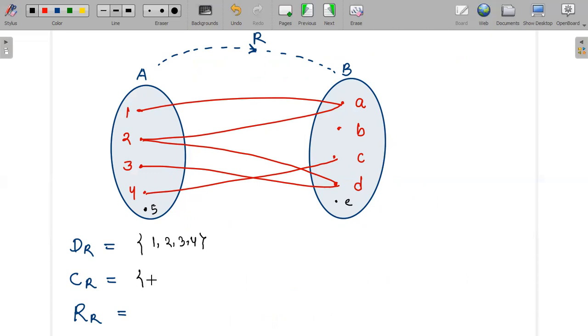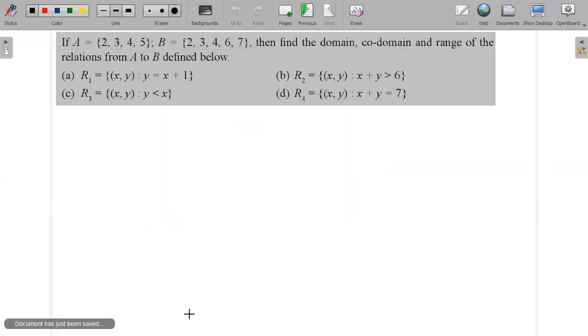You don't have to follow any definition. Just write down each and every element from set B: A, B, C, D, E. About your range, the elements which are participating in the relation will get a seat from set B, obviously. So elements like A, C, D are said to be the range of relation R.